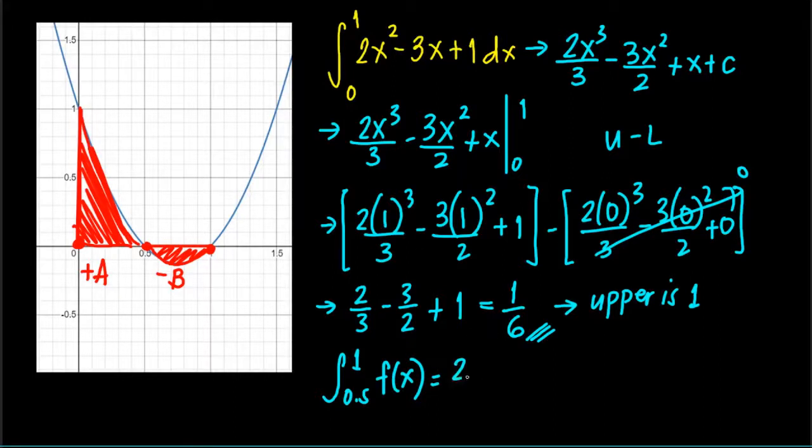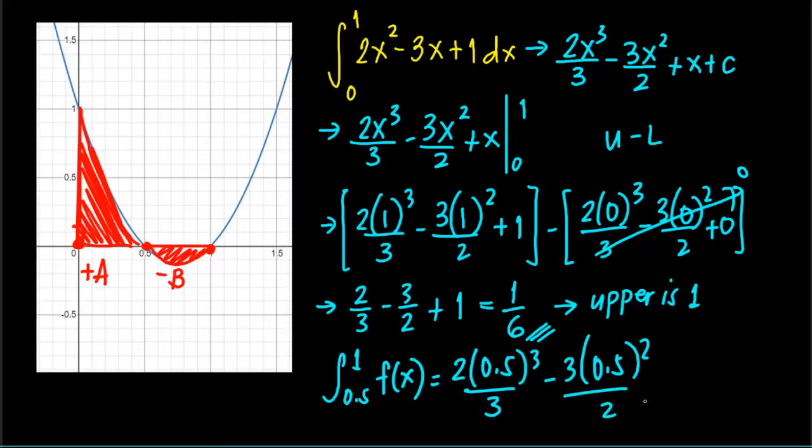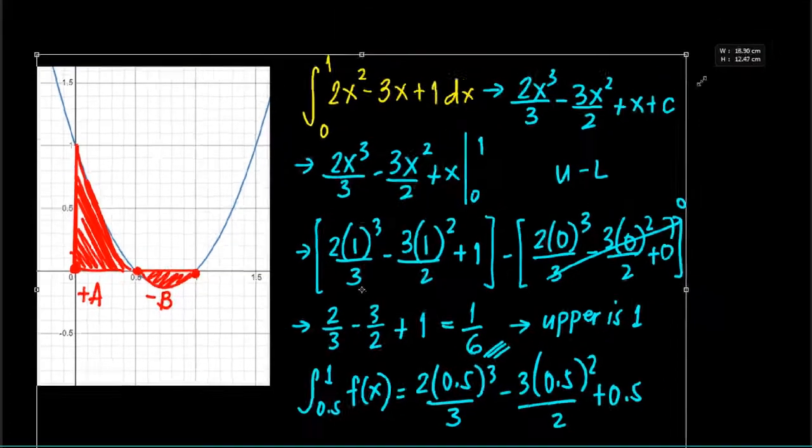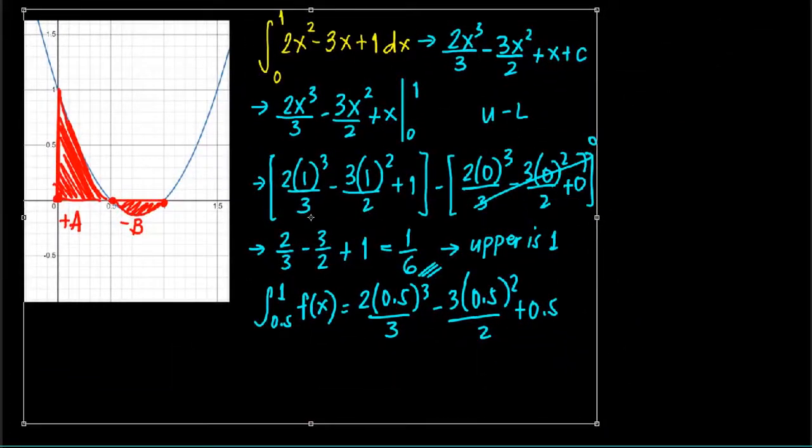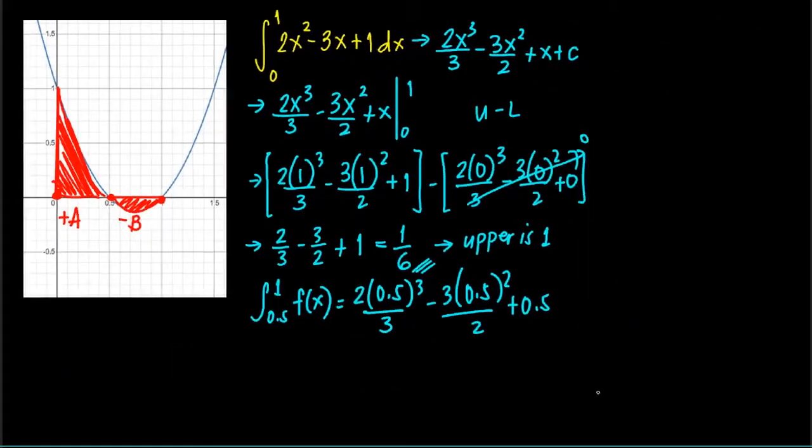What happens is this becomes 2 times 0.5 cubed over 3 minus 3 times 0.5 squared over 2 plus 0.5, and I think I need the minus sign. This whole thing, using your calculator, should give you 5 over 24.